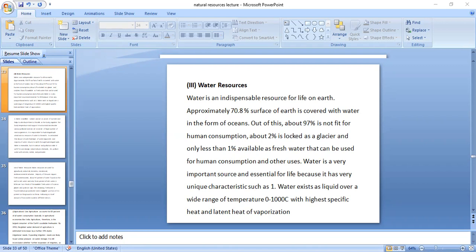Now, climate change. Scientists, environmentalists, and biologists worldwide are now alarmed that climate change can have an impact on the drainage pattern and hydrological cycle on the earth, thereby severely affecting the surface and groundwater availability.